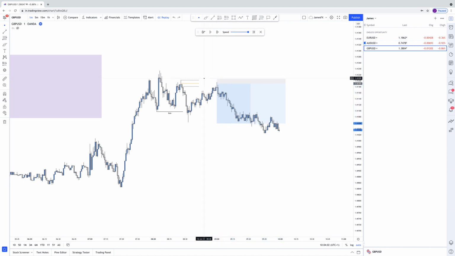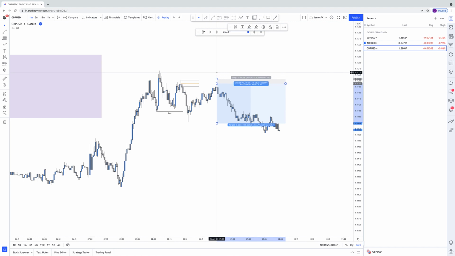But there's not much reason for me to be having, say, a 2.5 pip stop loss or even 3 pips, because I've done all the analysis. I've built my story. I'm trading from a higher time frame perspective, filtering on the lower time frames, and for me to just give myself leeway isn't the way to go about it.